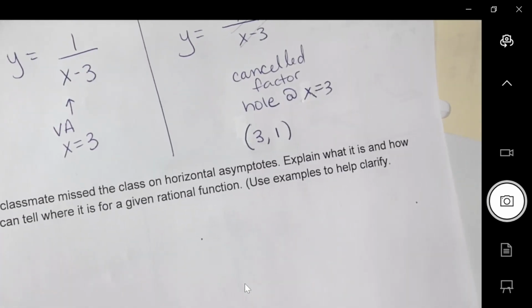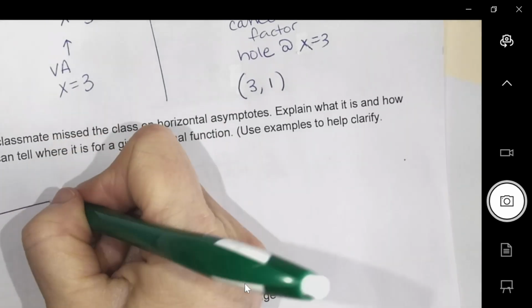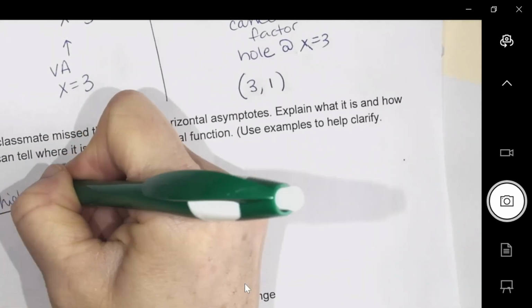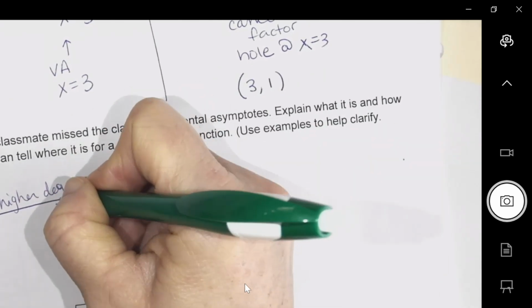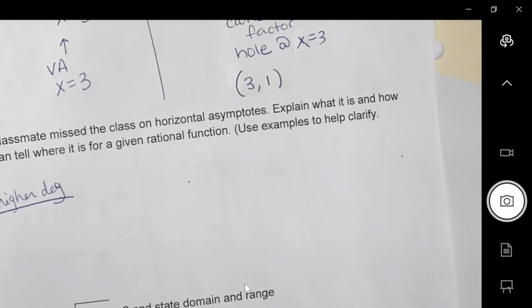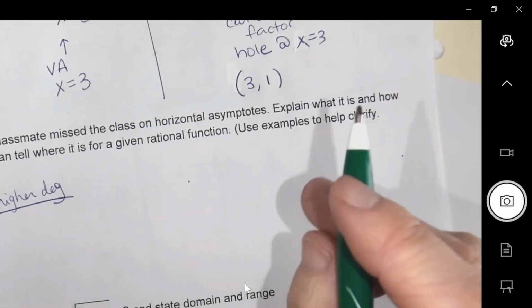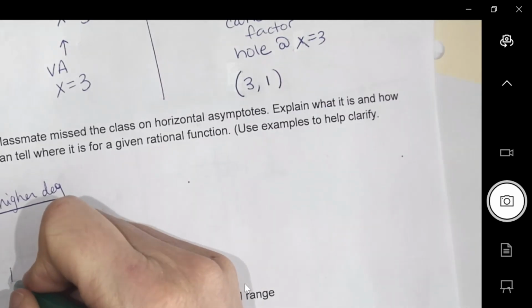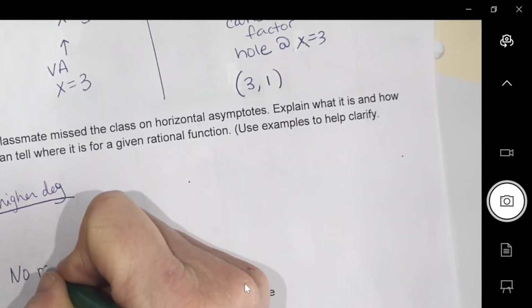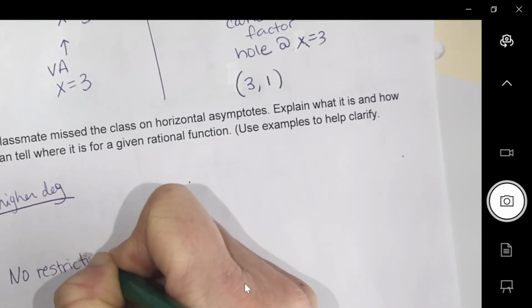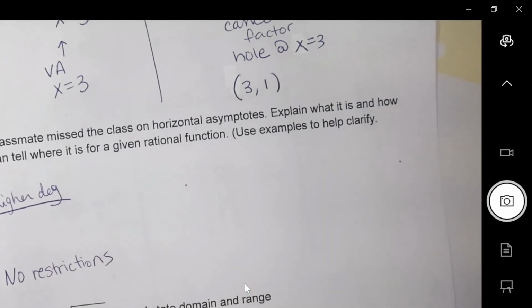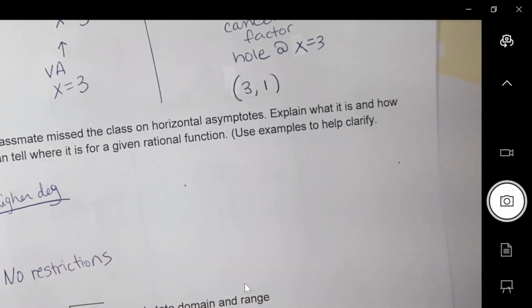So the horizontal asymptote rules: when the degree is higher on the top, what's going to happen? There's going to be no restrictions. Your number just gets bigger, bigger, bigger. That's it. It just goes up.